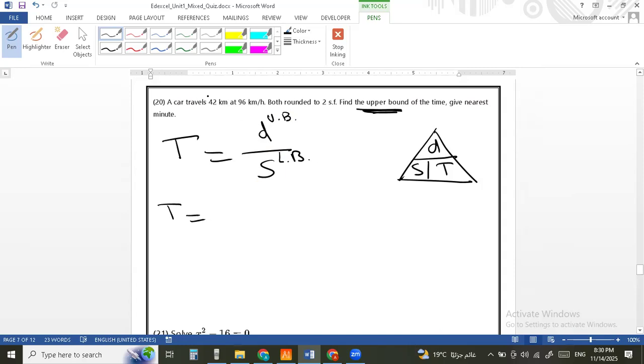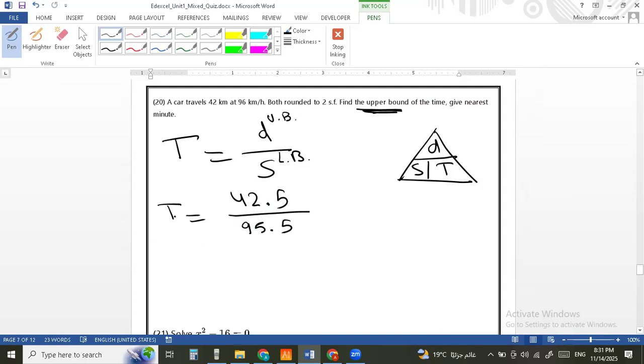A car travels 42 kilometers, rounded to two significant figures. So I'm going to add half, 42.5, over lower bound of the speed. They said 96 kilometers per hour. They wanted the lower bound, so it is 95.5, minusing a half.